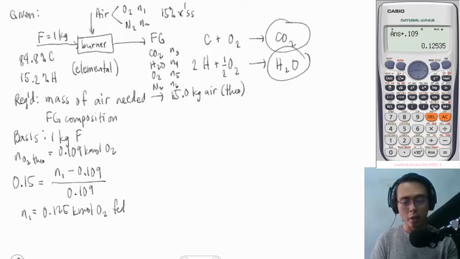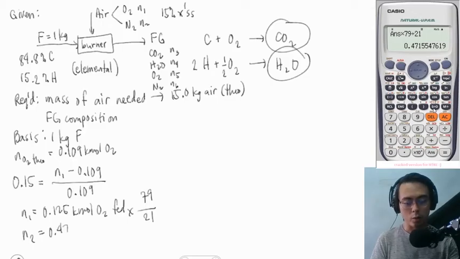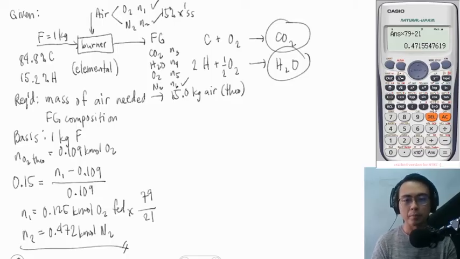That's your N1. And for us to get the N2, again, we simply multiply this by the ratio 79 over 21. 0.472 kilomoles nitrogen. So we now have values of N1 and N2 as well as N6, because in this case N2 is still equal to N6.